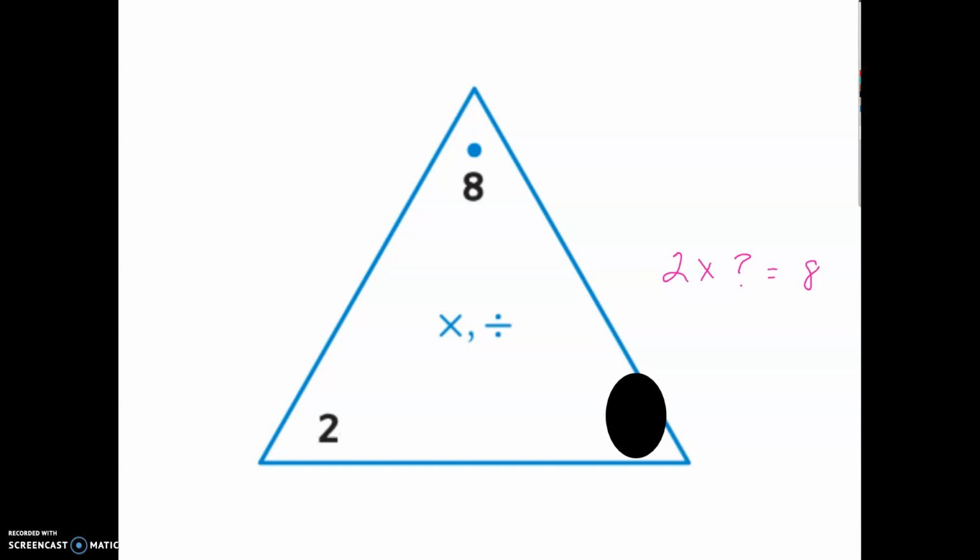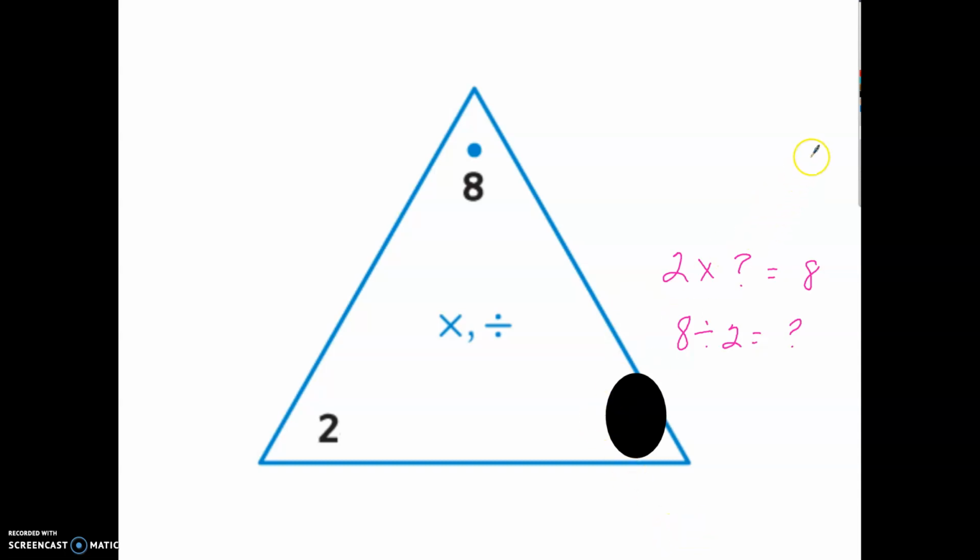And I can also think of this, like I said, as a related fact. I can also use these as division practice. So I can think of 8 divided by 2 equals what number? What factor? How many groups of 2 are there in 8? There's 4.